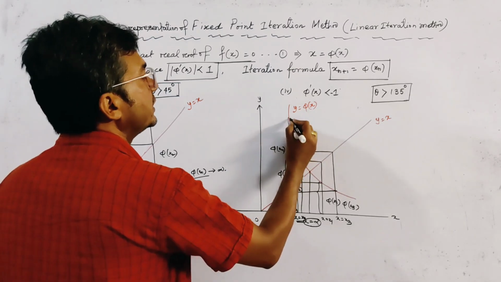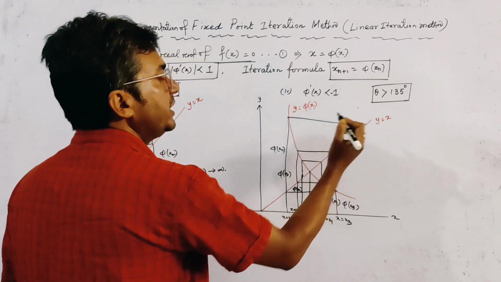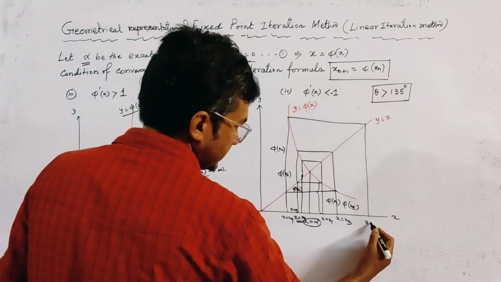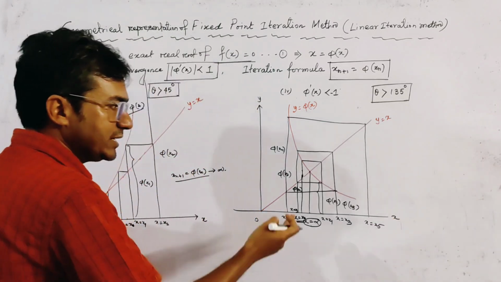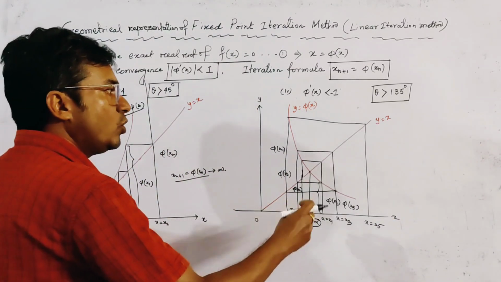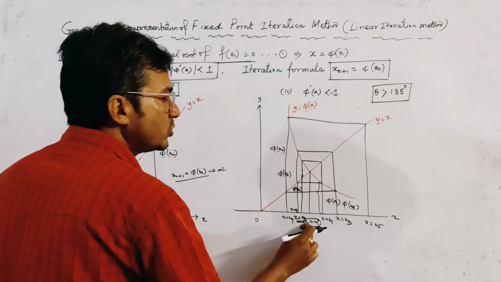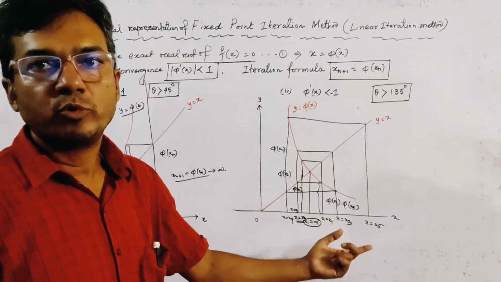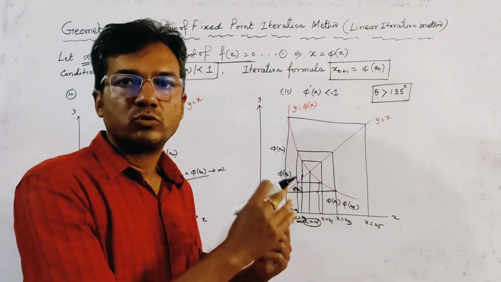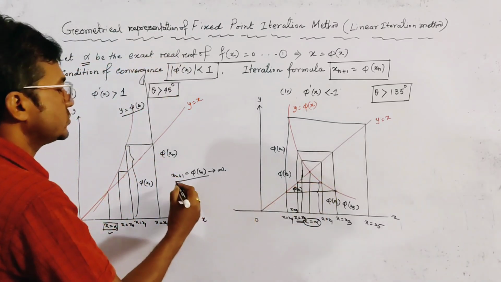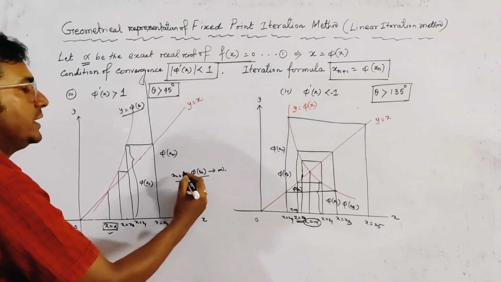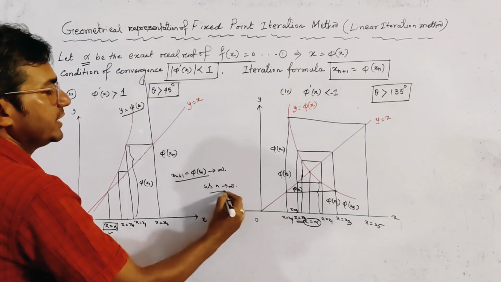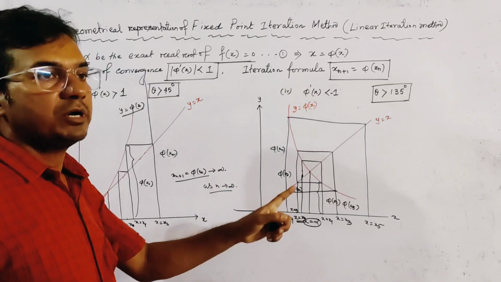Then the perpendicular meets here, and again the fifth approximation, x equal to x5, and it is clear that we go away from the exact root x equal to alpha by taking successive approximations. Okay, so in this case also xn plus 1 is tending to infinity as n tends to infinity. So this is also a case of divergence.